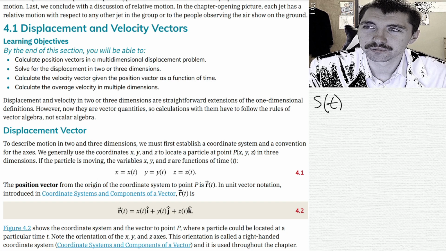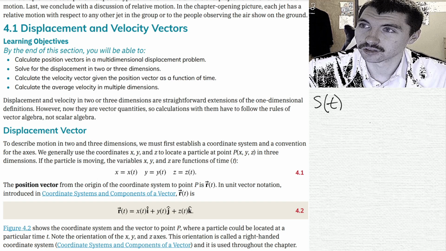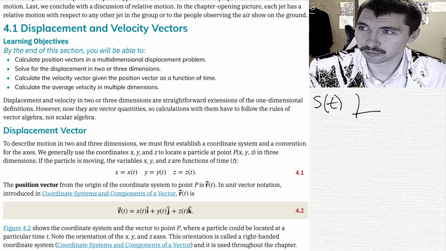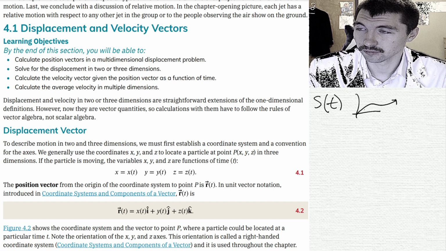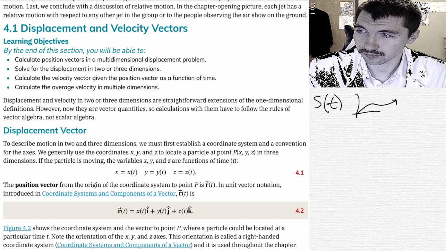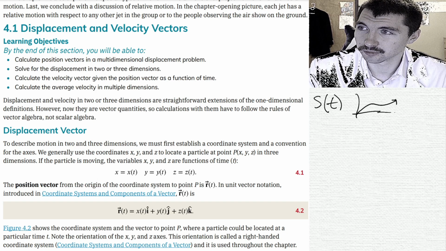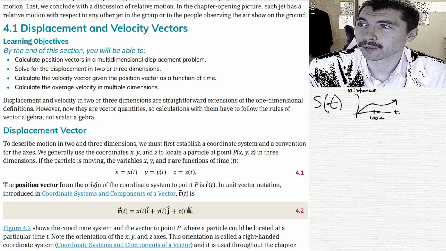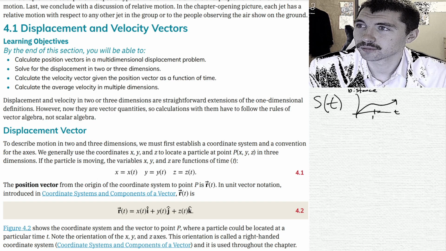Your position vector might be something like that, where this is time and this is distance.